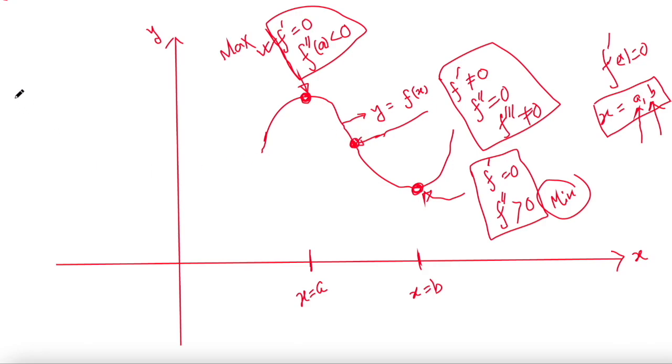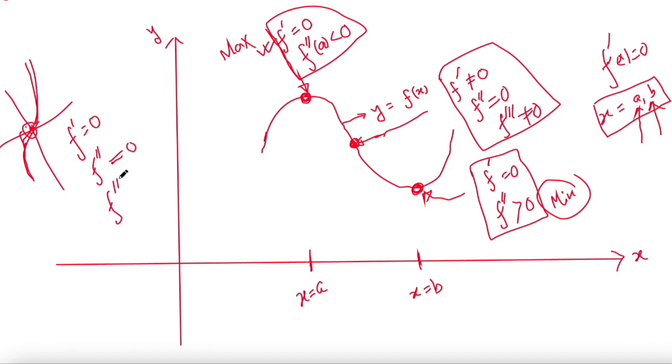And for the SIP, the stationary inflection point, the mathematical conditions are: first derivative will be 0, second derivative will again be 0, and third derivative is not 0.